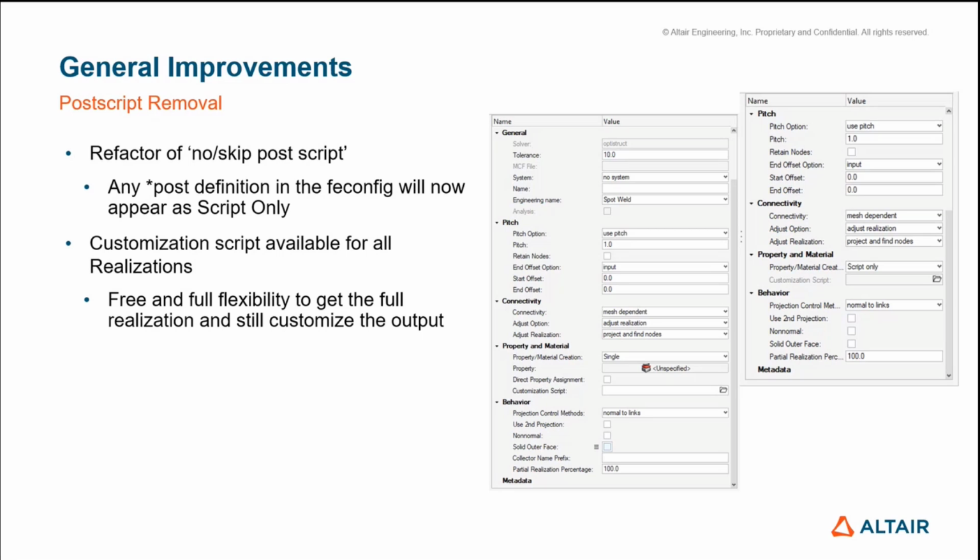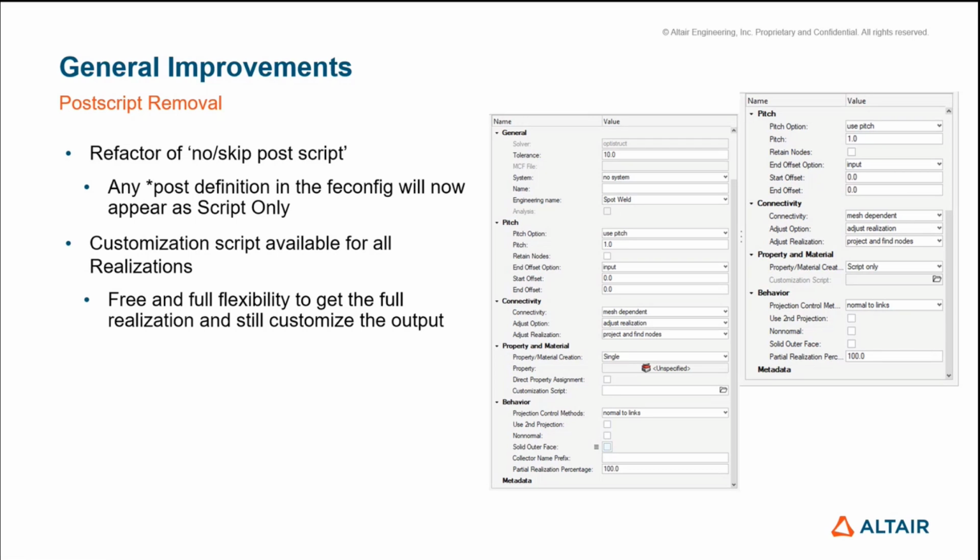So it's available on all realizations now rather than just a small subset. This is really closing the loop on the difference between the old type of realizations, the new type of realizations, what was historically PostScripts, what was historically this.